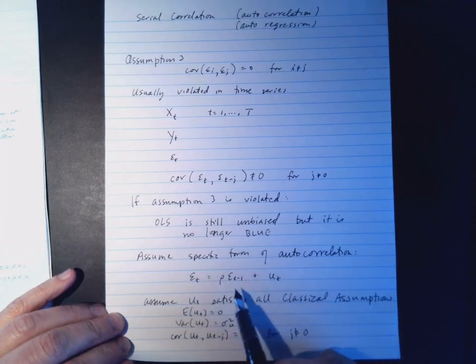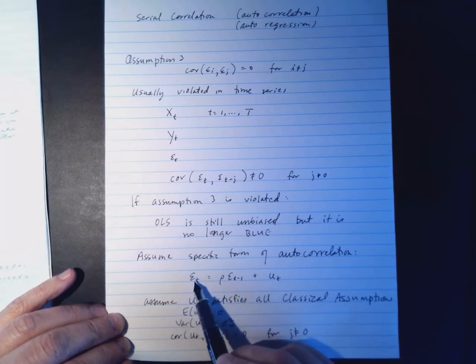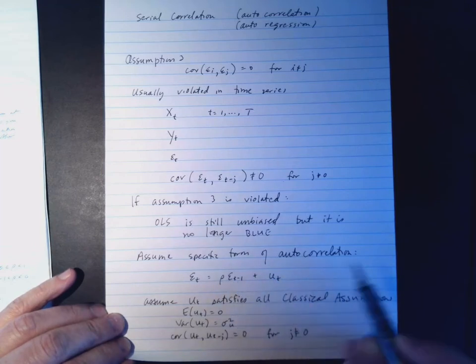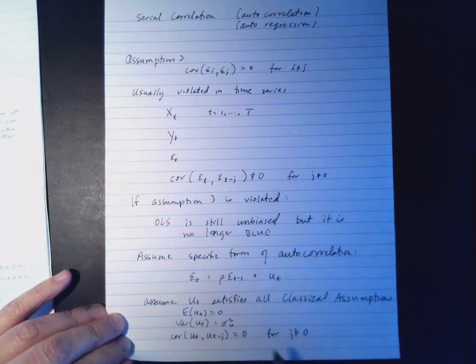But u satisfies the classical assumptions, and it is embedded in this function. So the error term in our regression model is going to be a multiple of last period's error term plus a classical error term.